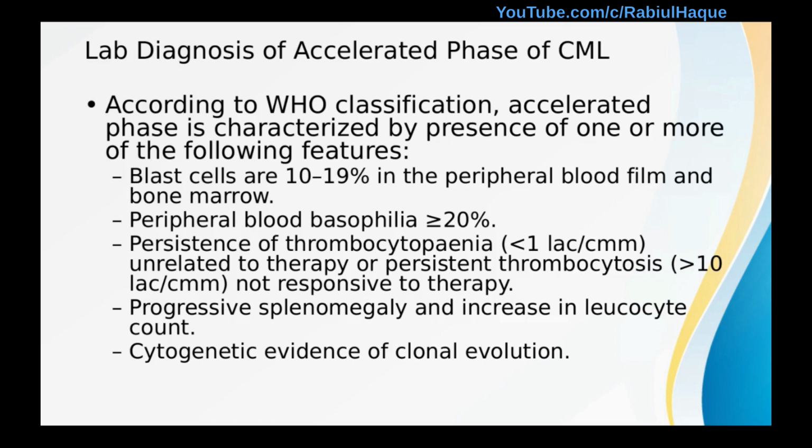Persistence of thrombocytopenia that is unrelated to therapy, or persistence of thrombocytosis that is not responsive to therapy, progressive splenomegaly and increase in leukocyte count, and cytogenetic evidence of clonal evolution.